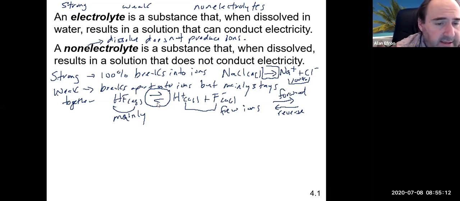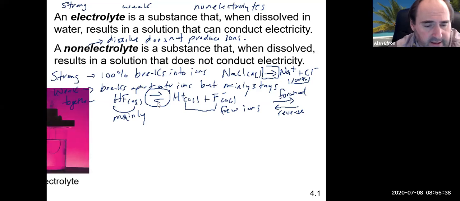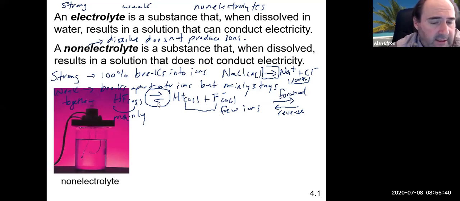But sugar is made up of carbons, hydrogens, and oxygens, which are all nonmetals, which means they're held together by sharing electrons, covalently bonded. So when they go for a swim, they dissolve, but they still stay together and produce no ions. Since it produces no ions, a non-electrolyte will not conduct any electricity, so the light bulb would not go on.